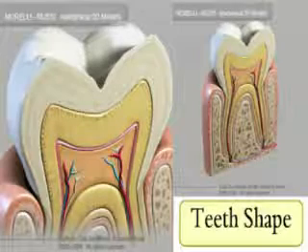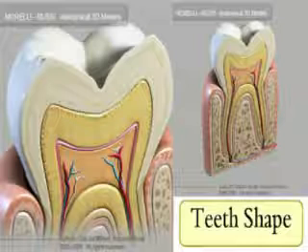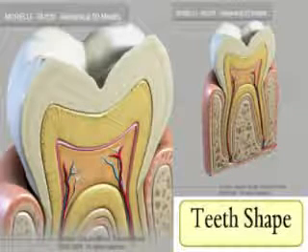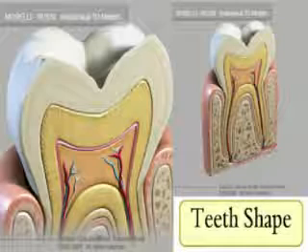If we compare the stiffness of the outer layer of the teeth with the stiffness of the object we chew. Now, the average stiffness of the outer layer of the teeth is about 20 gigapascals, which is 20 billion units of stiffness.